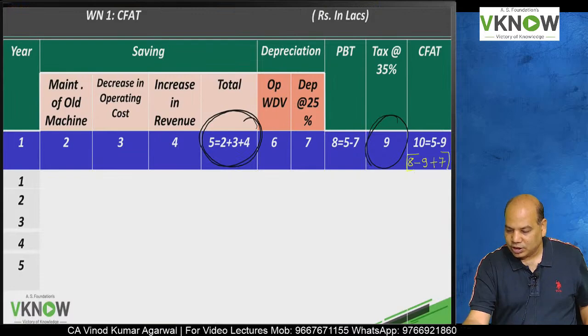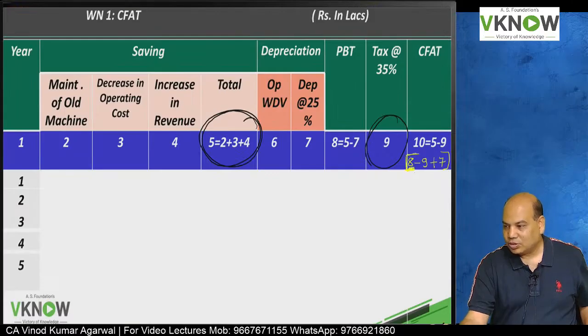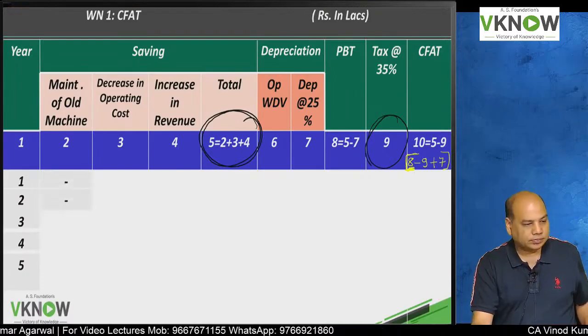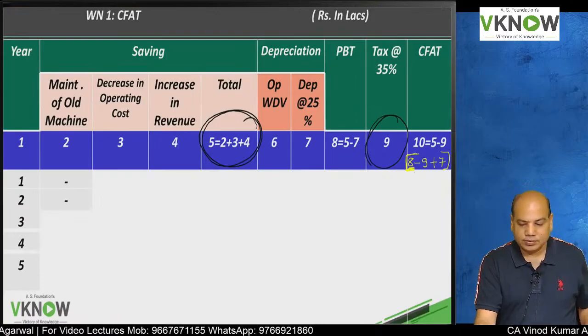Suppose you are trained in this format only and your mind does not accept anything other than this, then you can write 8 minus 9 plus 7. Okay, now start. Year 1, 2, 3, 4, 5.